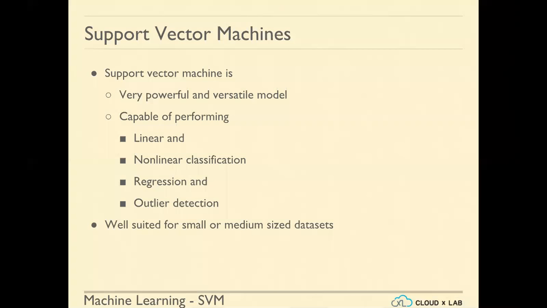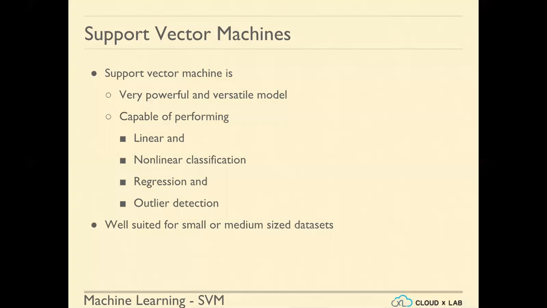The third technique would be decision trees. After SVM, we'll talk about decision trees. So the first technique to solve problems was linear regression, then SVM, then decision trees. Afterwards, we will solve similar problems using deep learning, the neural networks.